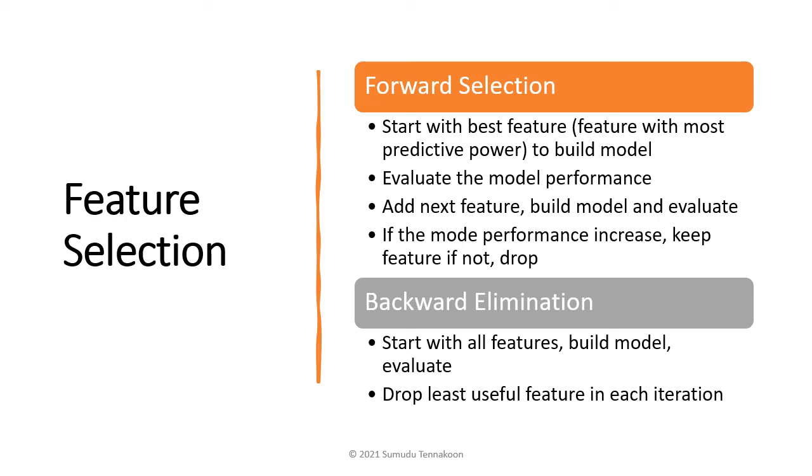That's forward selection. In backward elimination, we start with all features. If you have 20 features, we throw all 20 into the model building process. We train the model and evaluate it, find out the performance, and from the training algorithms we can get the most important features for the model prediction, right?